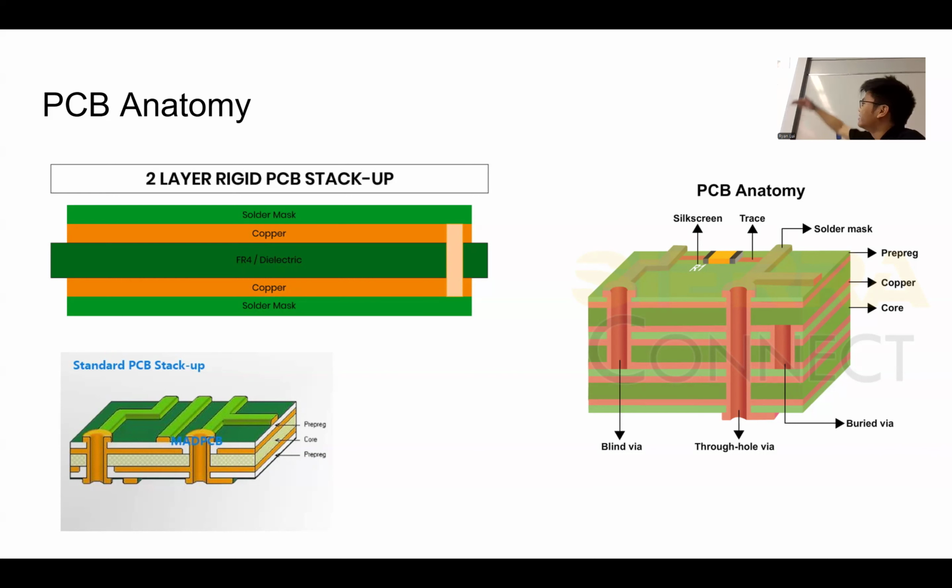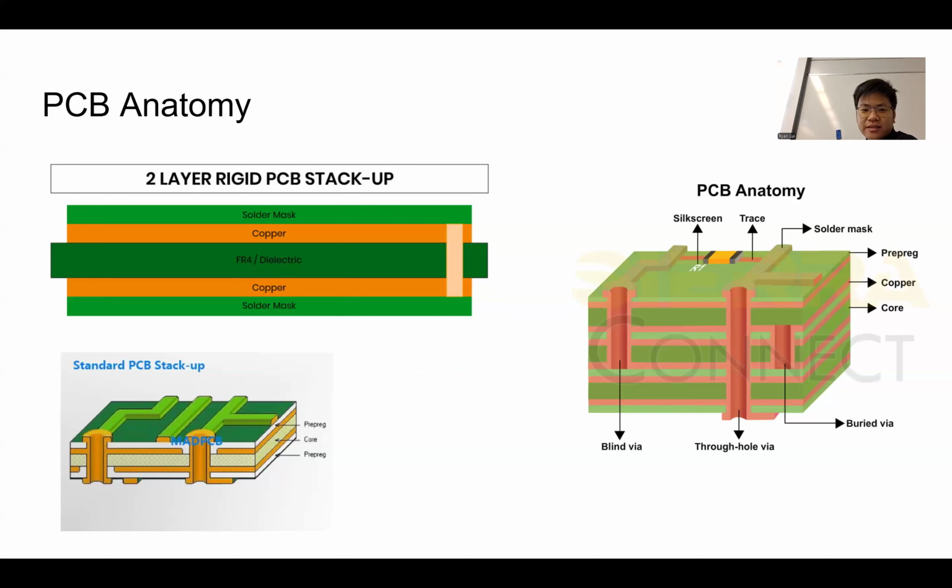In the middle there's a core, a dielectric that is kind of like an insulator. It's the main base of the PCB, and really gives it its structure. On the top and bottom, we have the two copper layers. And to cover those, we have the solder mask to make sure that copper is not exposed to the outside world.